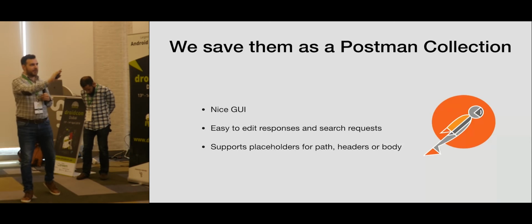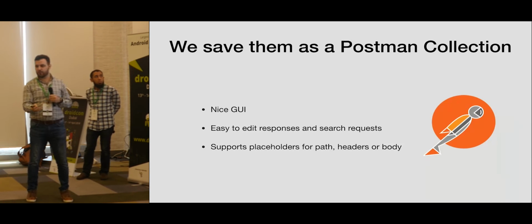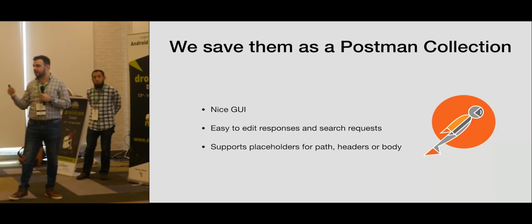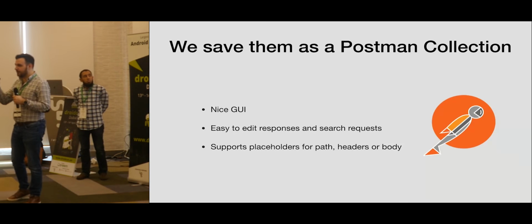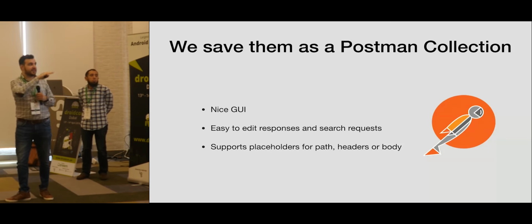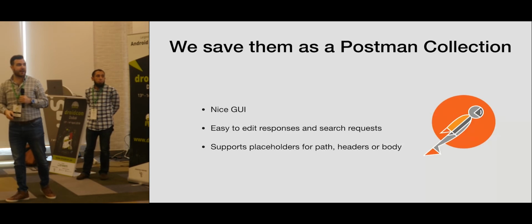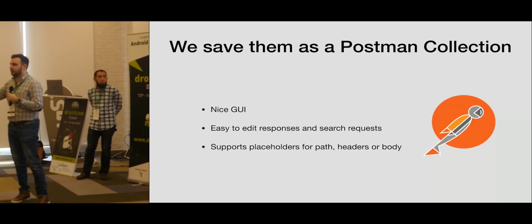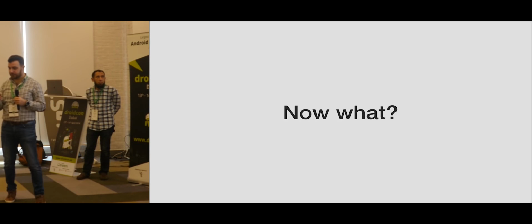The reason we used a Postman collection as a format is, one, it has a nice graphical interface and allows you to easily edit the responses. So in case you want to test edge cases, all you need to do is open the collection, easily search through the requests and modify the response to test your edge scenarios. It also supports placeholders for host, path, or headers, so you can test even more different scenarios with the same data sets.